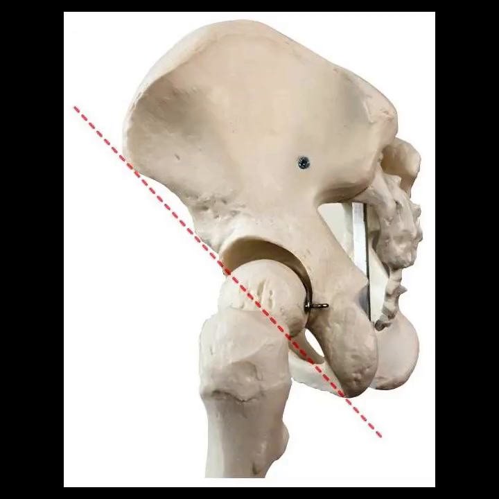Now a line joining the ASIS and the ischial tuberosity should go through the greater trochanter of the femur. If the greater trochanter of the femur is palpated well above the line, then it indicates hip dislocation.